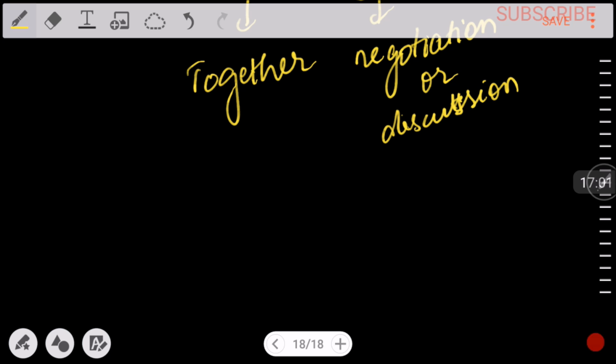So collective bargaining means discussion in a group or discussion by forming a group.